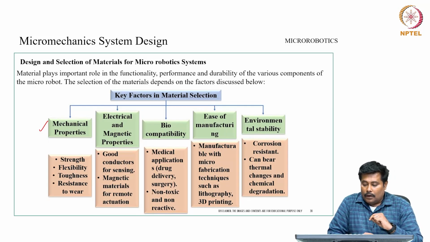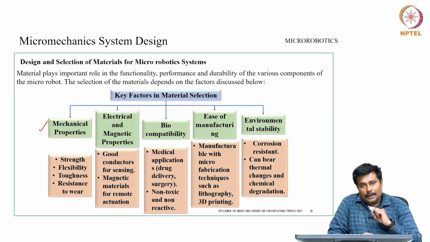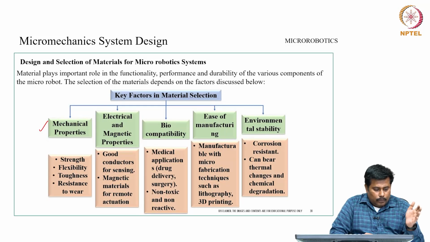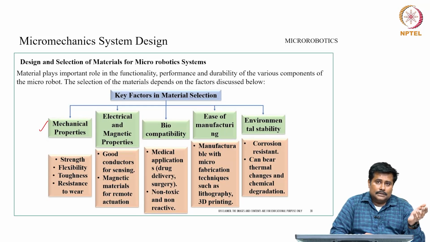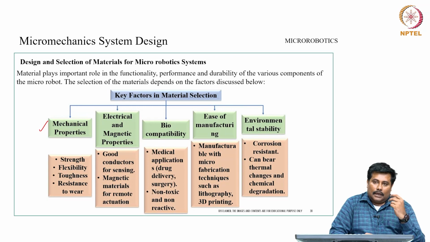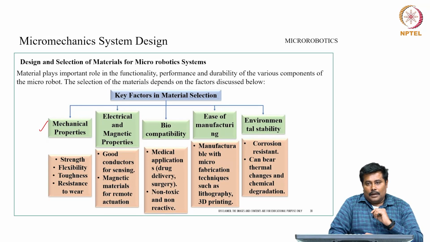Then we need to talk about environmental sustainability. In today's conditions, environmental sustainability plays a vital role with reference to manufacturing, material selection, system design, etc. As far as environmental sustainability is concerned, one of the important aspects is the corrosion resistance of the structure. Second, it should bear thermal change, and it should also be able to bear chemical degradation.